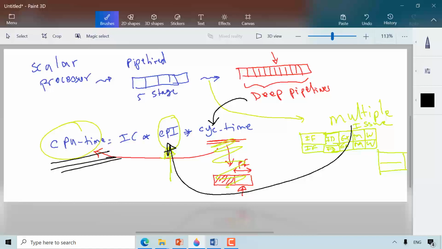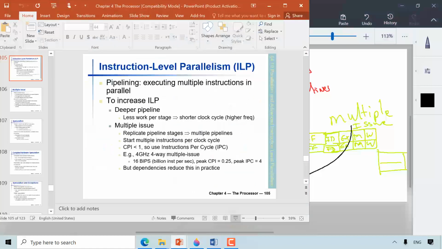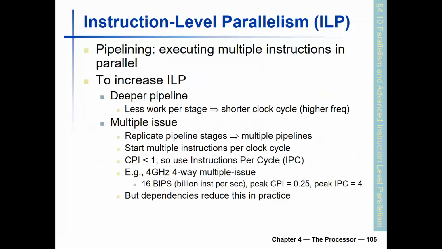CPU time. Okay, so with that introduction in mind, let's go to the lecture here, and basically we are enhancing parallelism at what level? Instruction level. Do we have parallelism at different levels? Of course you do. You have it at the instruction level, at the thread level, at multiple levels, at the bit level, at the loop level.